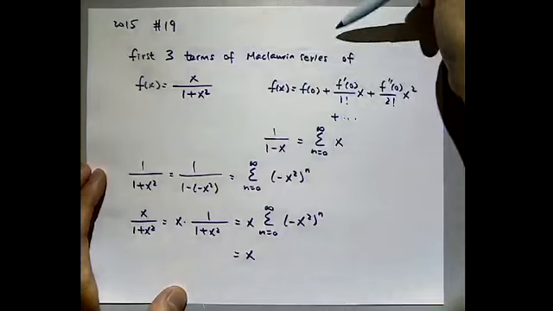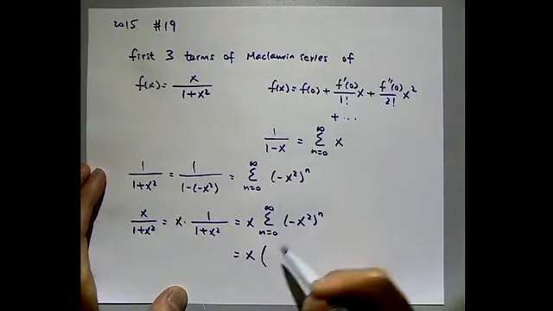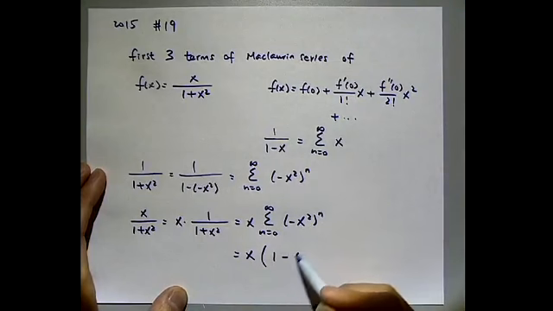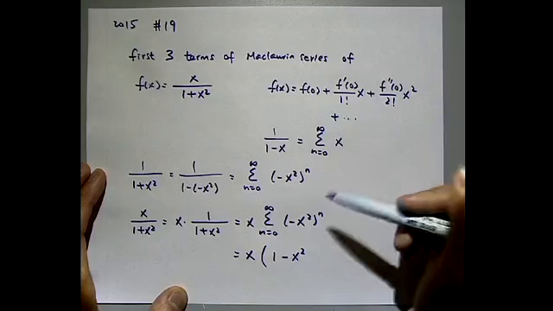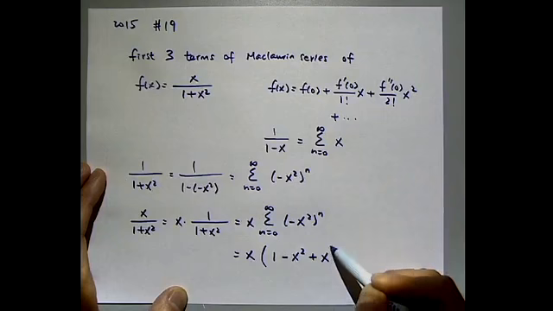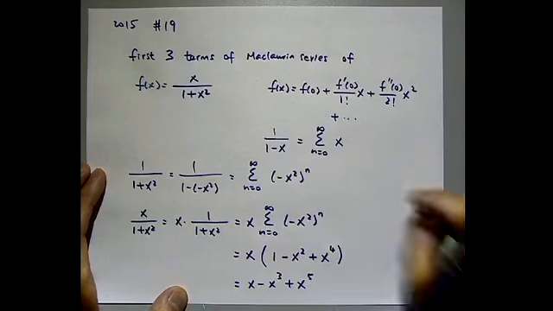I just want 3 terms, so I'll write it out. n equal to 0 gives a 1. n equal to 1 gives negative x squared. And n equal to 2 gives positive x to the 4th. So x minus x cubed plus x to the fifth.